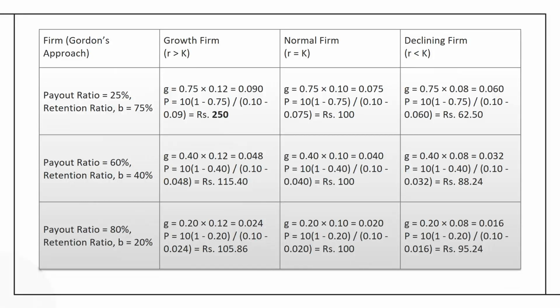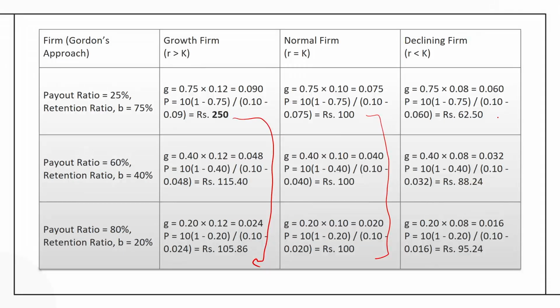And we can say for a growth firm, the journey started from 250, but it came down to 105.86. It is a very smooth journey for a normal firm, leaving no worries to the finance manager as to what the dividend payment ratio should be for increasing the value of the share, as it remained constant.